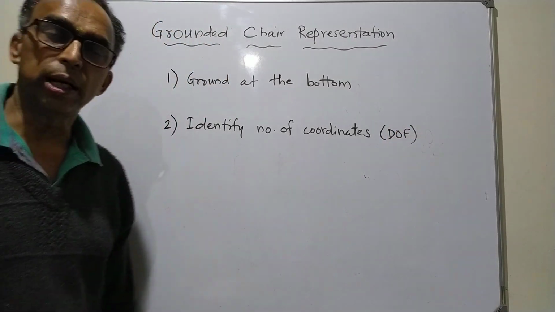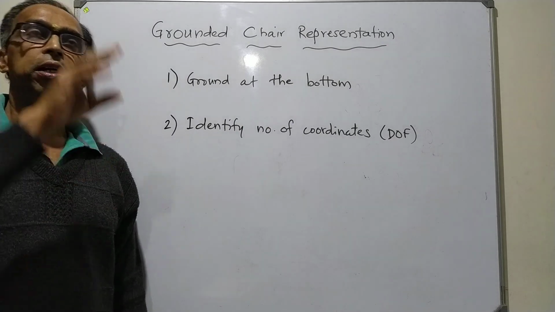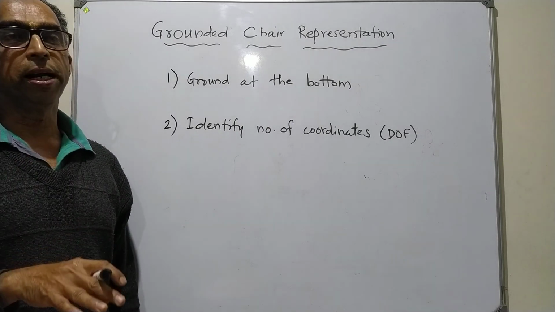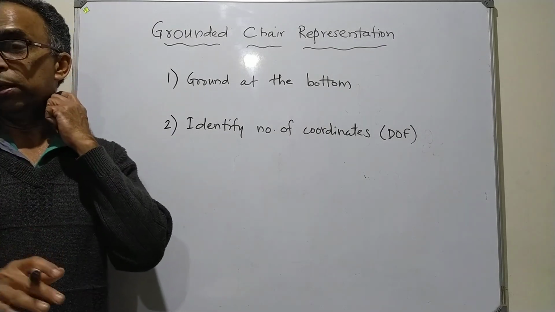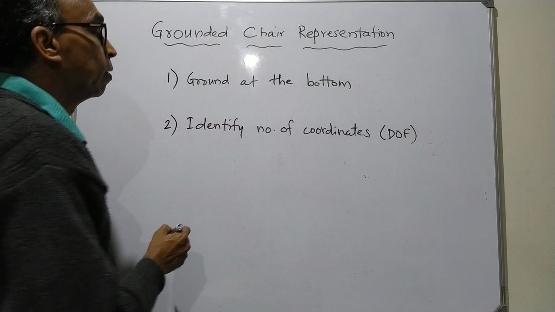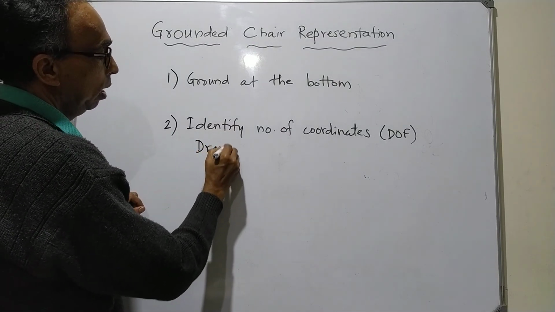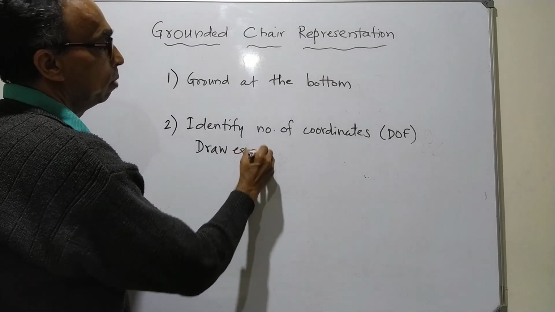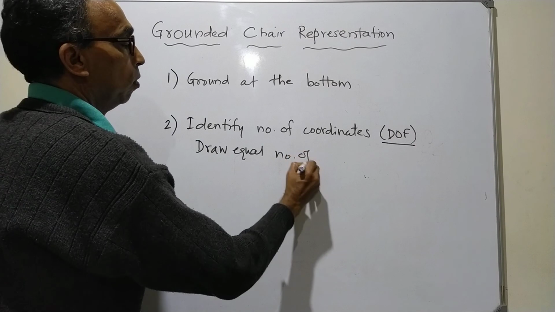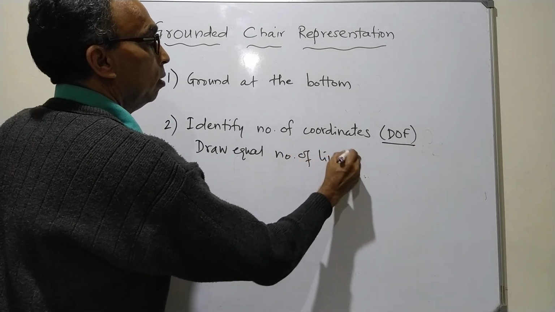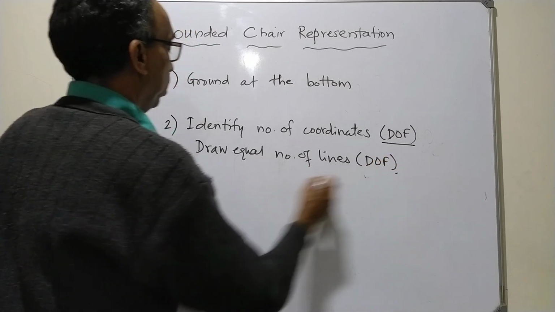How many motions are there? x1, x2, x3, or x, y, z, whether it is a single degree of freedom system, a 2 degree of freedom system, or a 3 degree of freedom system. Accordingly, we have to draw an equal number of lines, equal to the degrees of freedom.